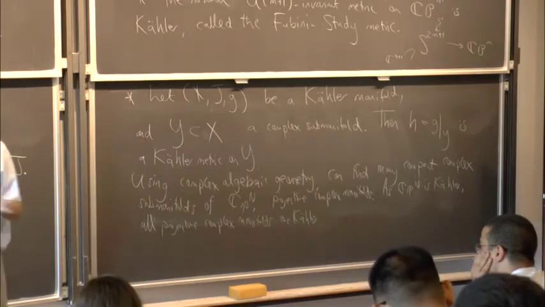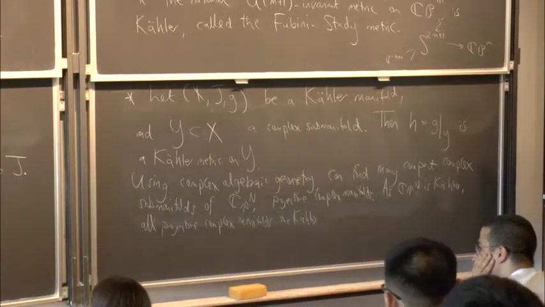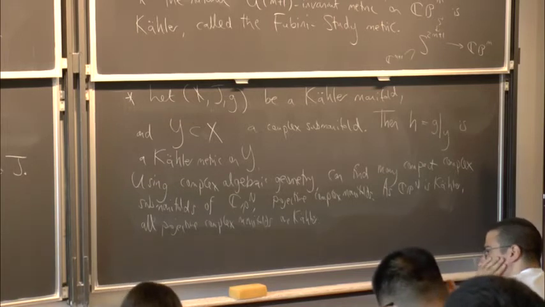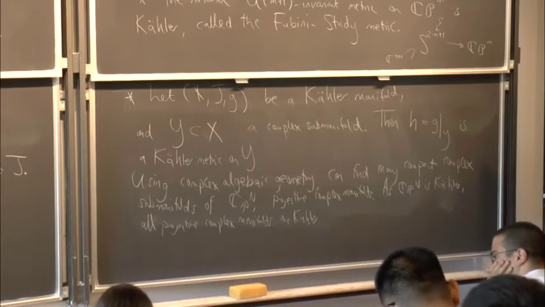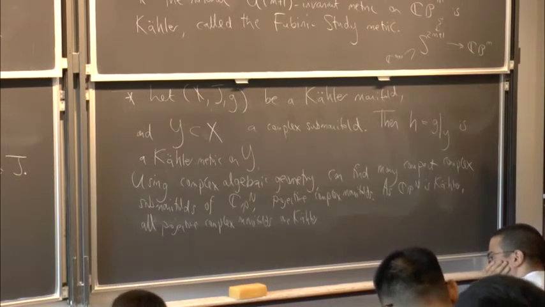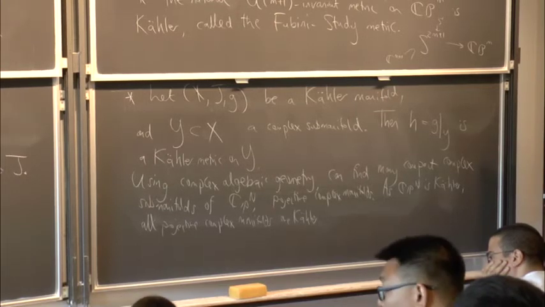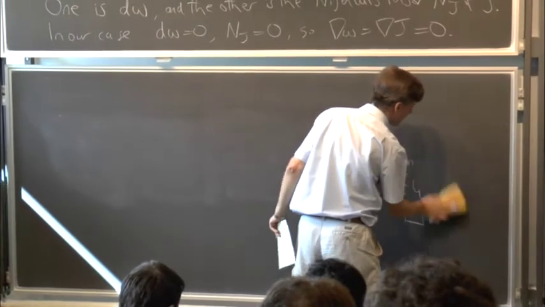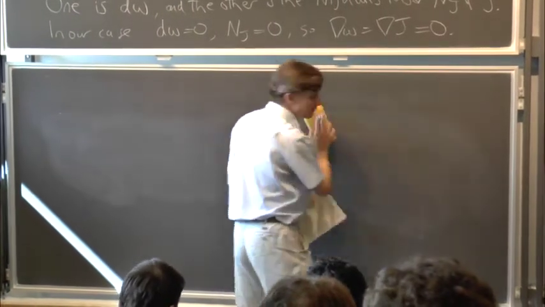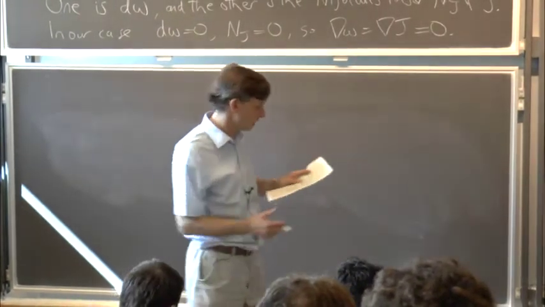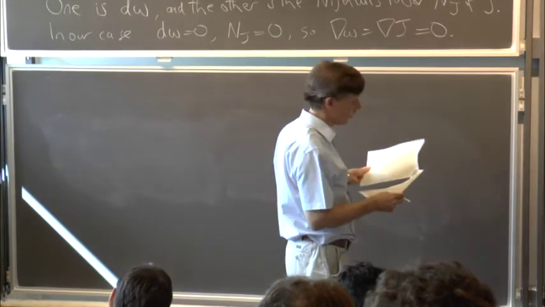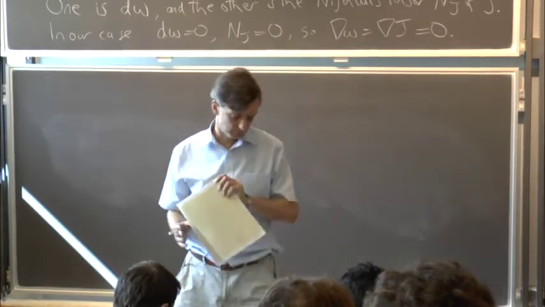But another thing that we'll see later on is that if a complex manifold has one Kähler metric, then it's actually got lots. It'll have an infinite dimensional family of them, and you may be able to find metrics that you like better within that family than the restriction of the Fubini-Study metric, for instance by prescribing their Ricci curvature.